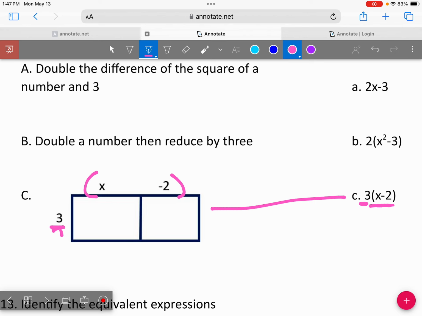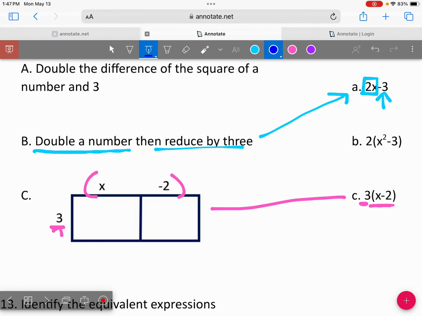So these guys go together. My brain likes this one better: double a number and then reduce by 3. I'm going to double some number and then take away 3. So I see that as this one.